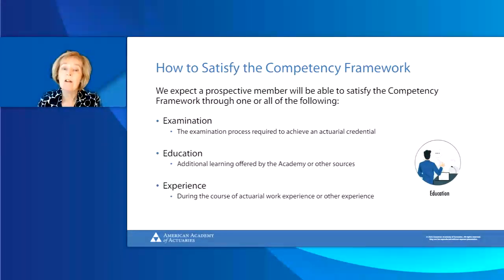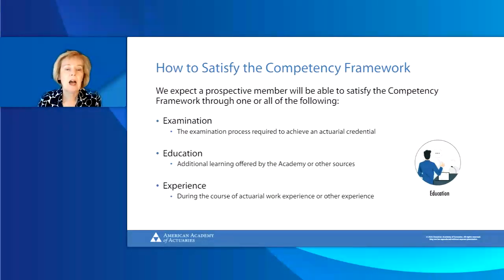Any topics that aren't covered by the credential process could be addressed by additional learning, which could be offered by the Academy or could be gotten through some other source. And then finally, using experience. During the course of your actuarial work experience and other experience, you may be able to demonstrate competency for some of the other topics. This would likely be the case for US laws and regulations, perhaps, but some of the other topics as well.